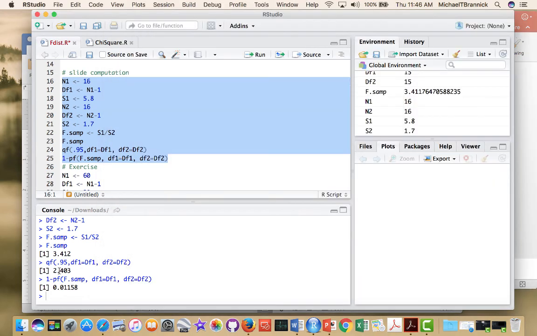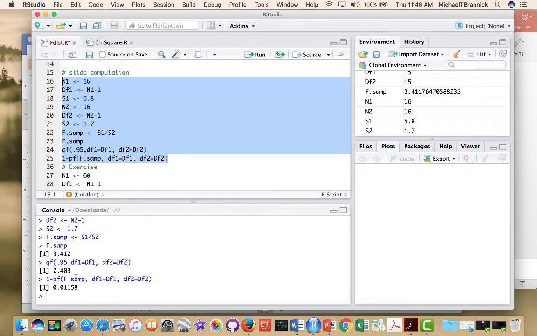Then I ask for the quantile for 0.95 for degrees of freedom 1 and degrees of freedom 2, which would be, well, it is 16 and 16, so it's 15 and 15. So the F value to beat is 2.4. I've got 3.4, which is larger than the critical value. If I compute the p-value, I get 0.01, and it is less than 0.05.